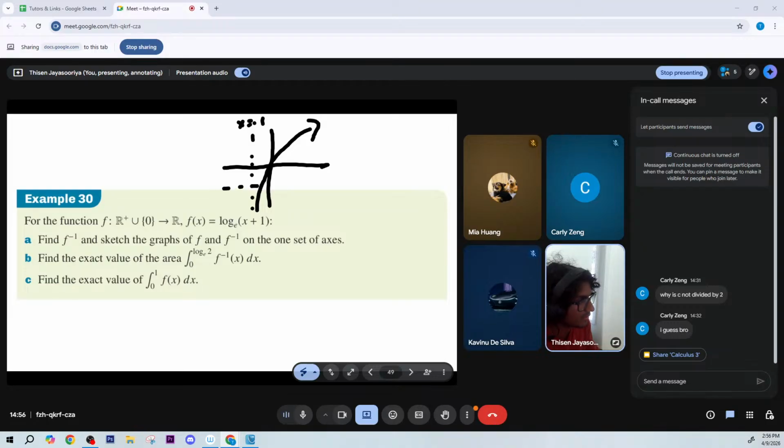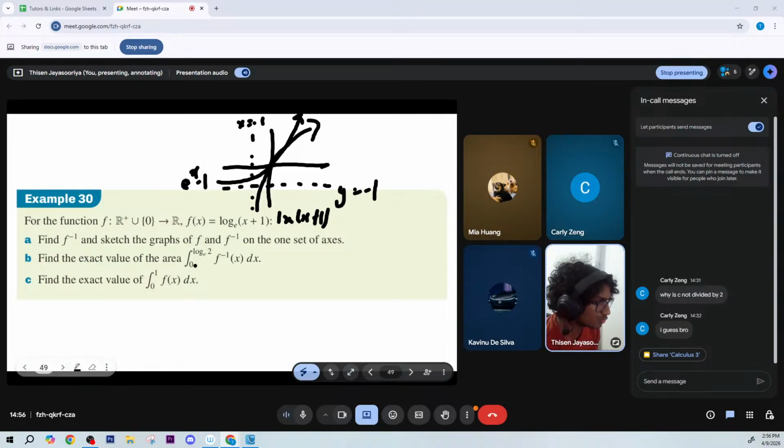We also have our asymptote at y equals -1, and our sketch that looks like this. So these are our two functions. This is our e to the x take away 1. This is our ln of x plus 1. So it says find the integral from 0 to 2 of this one.